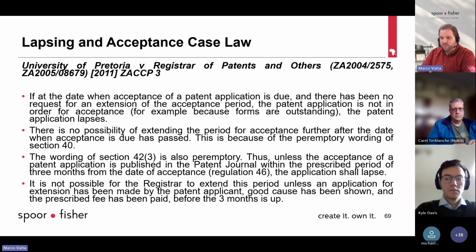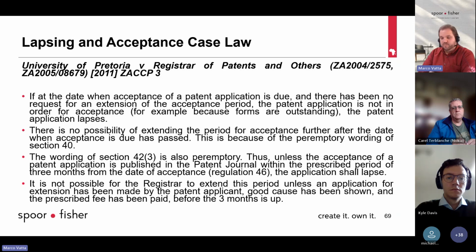So you have to make these requests prior to the expiry of the deadlines. So either the acceptance deadline of 18 months to extend the acceptance deadline, or when it comes to publication of acceptance, before expiry of the 3 months from the date of publication.